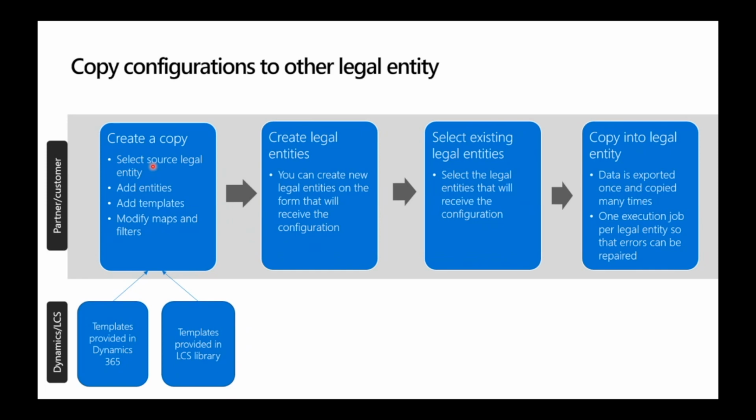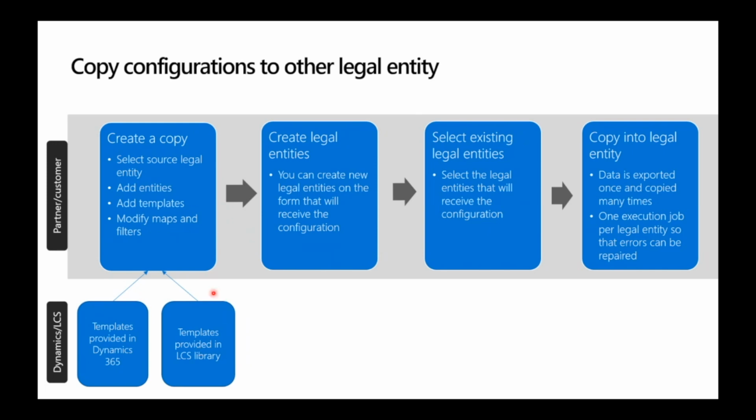So I'm copying, for instance, from my master company template, and then we're going to define what kind of data entities need to be copied to the target legal entities. So we can do that the same. Typically, I would propose using a custom template or a standard template so that you don't have to do too many manual additions.